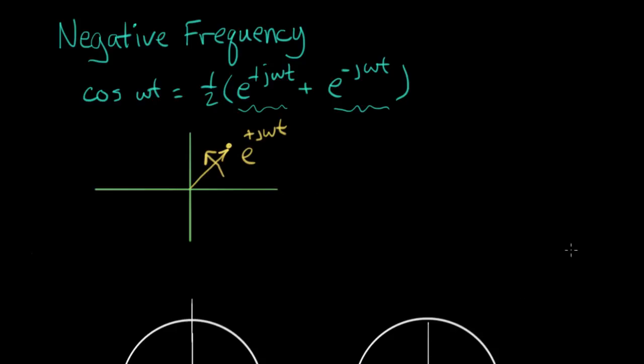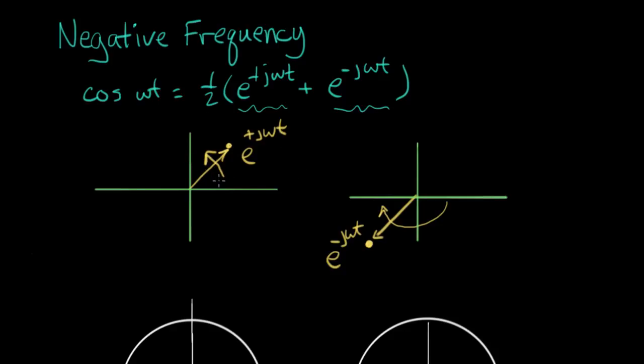Now the other thing, this term over here, would look like a similar thing. It'd be some vector in space. There's that number right there, e to the minus j omega t. And this one is rotating in the negative direction. So that means this is rotating this way. So the idea of a negative frequency when we talk about rotating vectors makes good sense.